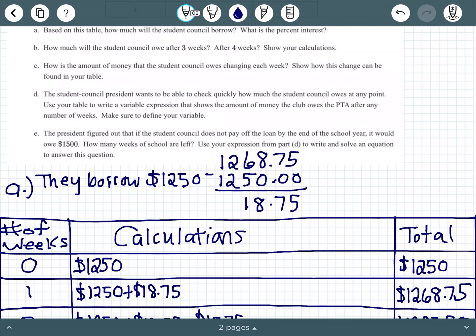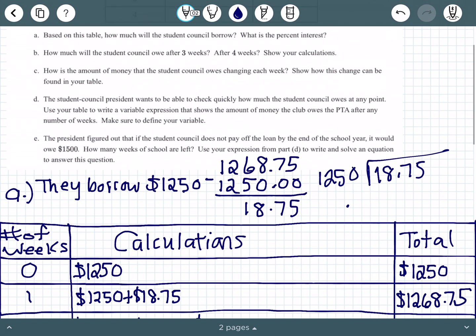What we could do is $18.75 divided by 1,250. And when we do that, what you should get is 0.015 as a decimal.